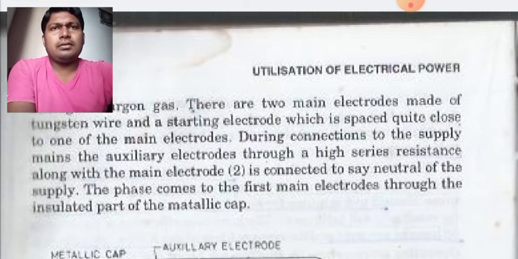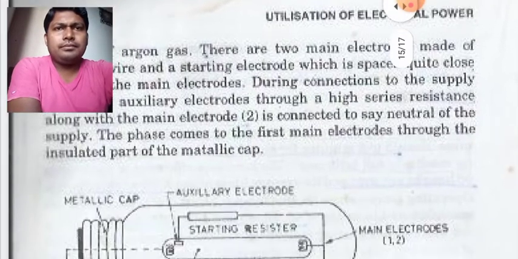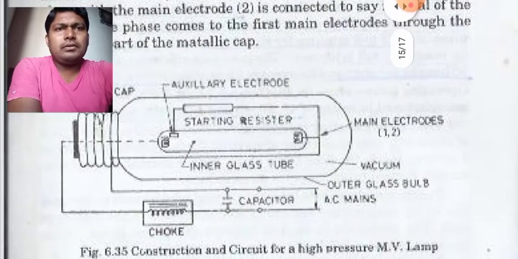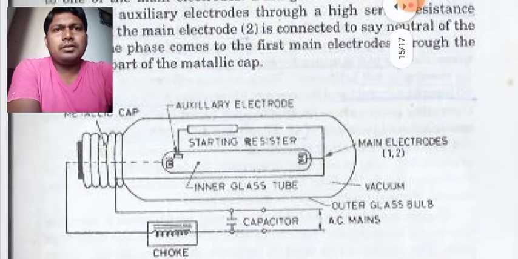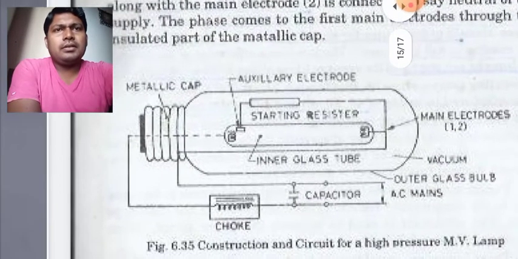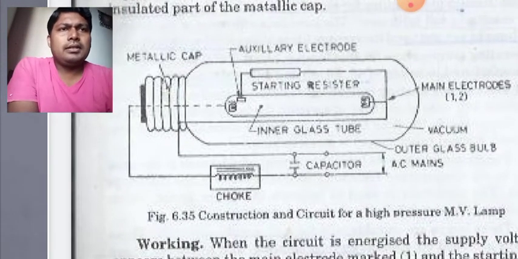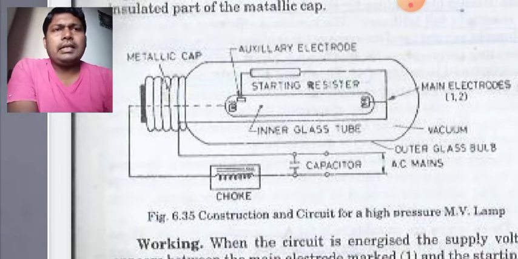Now we will discuss it with the help of the diagram. So students, this is the diagram of the HP MV lamp, that is the high pressure mercury vapor lamp. From the diagram it is very clear that the main components are the main electrode, and inside the glass tube it is vacuum.